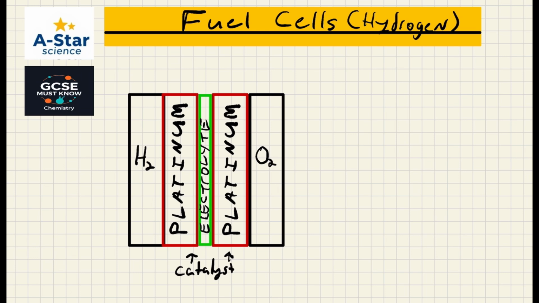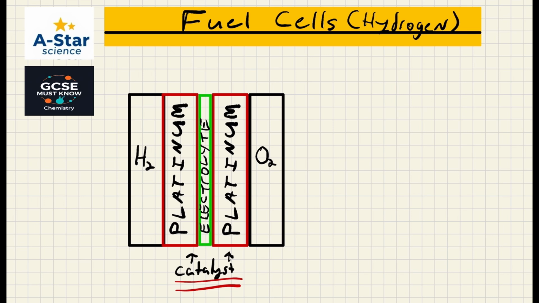Now, the key to understand is that there's a catalyst involved in a fuel cell. Of course, transition metals are used as catalysts. In this case, we're using platinum, the preferred catalyst in many of these fuel cells.